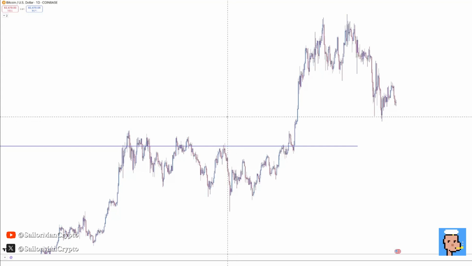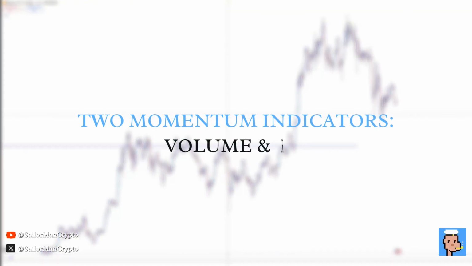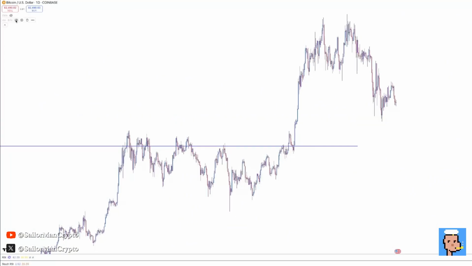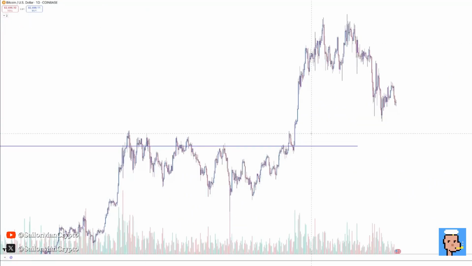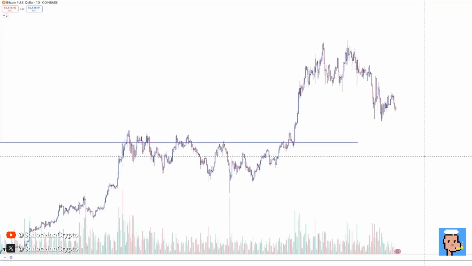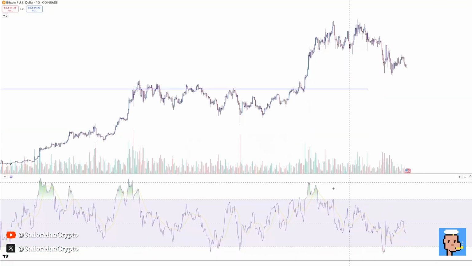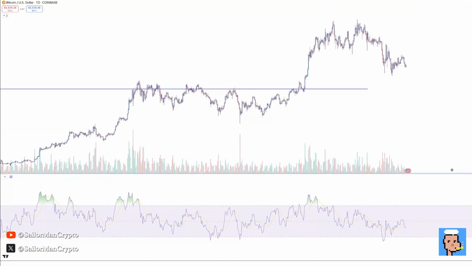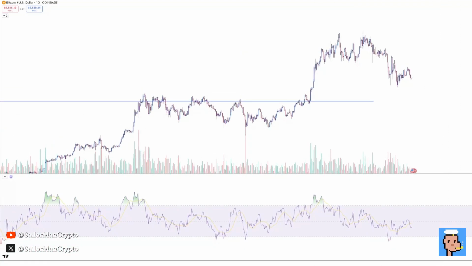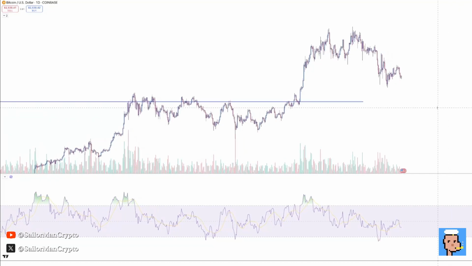The first two are very simple indicators that can be used for momentum, and in this case for momentum reversal: volume, simple volume, and RSI. The volume is the normal volume indicator that you can find in any trading platform, and RSI is the standard relative strength index, that again you can find in most charts.